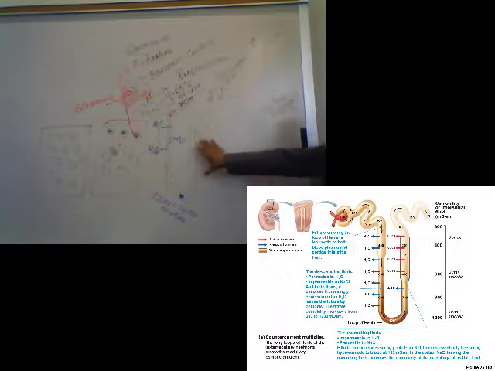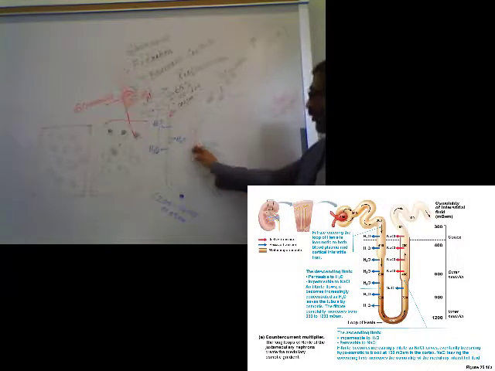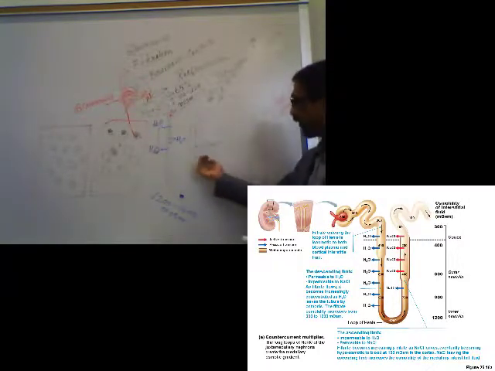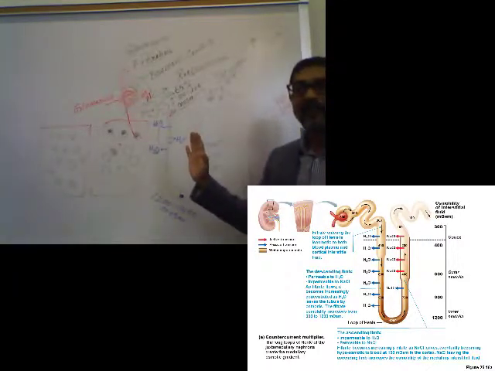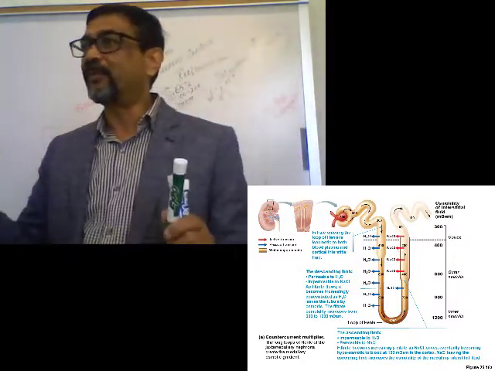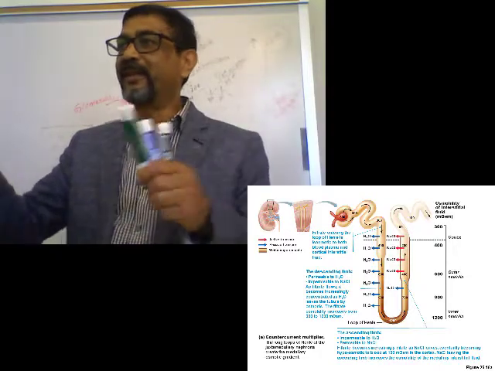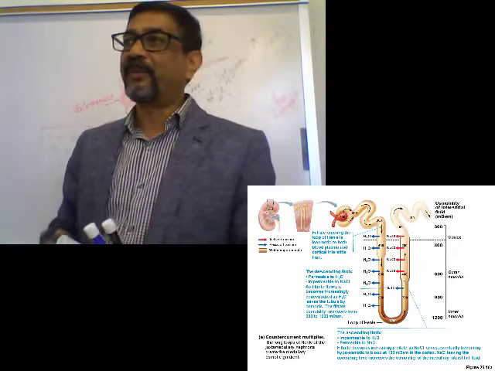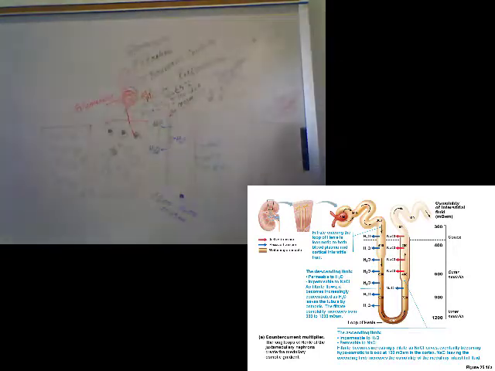So water is remaining here, but the solutes are getting out. Is it clear? Which solutes? Sodium, chloride, potassium. You know, sodium chloride is salt, right? So now you tell me, very simple question.